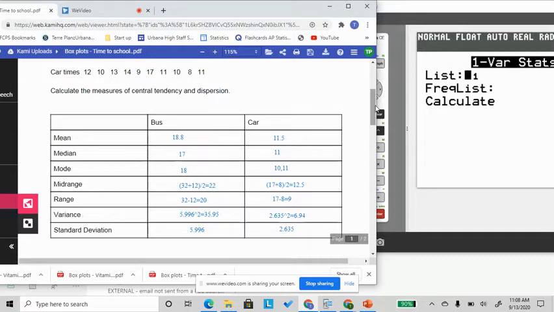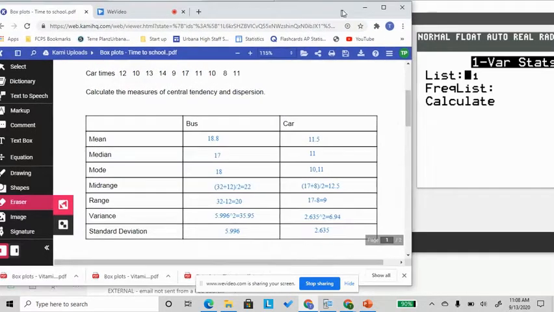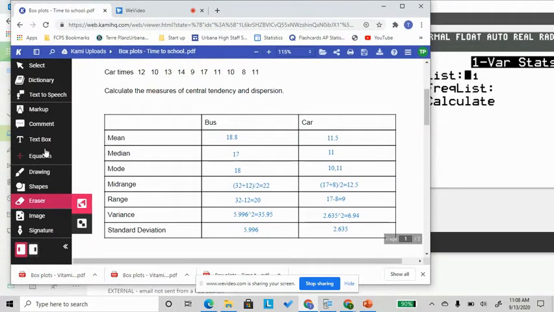Okay, so I have my 1-Var Stats for the bus and the car. To find the mid-range, all I did was add the low plus high, which you're given on the 1-Var Stats, and divide by 2.